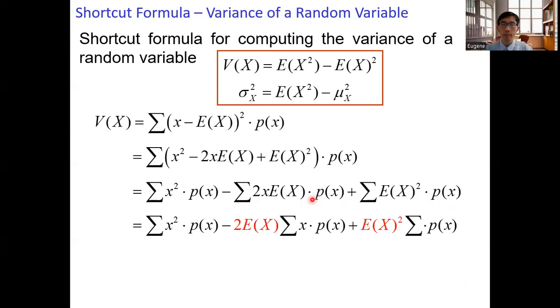In the second term, E of X is a constant. Together with the 2, we factor that out. We get 2 times E of X, and then times the summation of X times P of X. And in the last term, we get the square of the expected value of X, which is a constant as well. So we factor this out. We get the square of E of X times the summation of P of X.